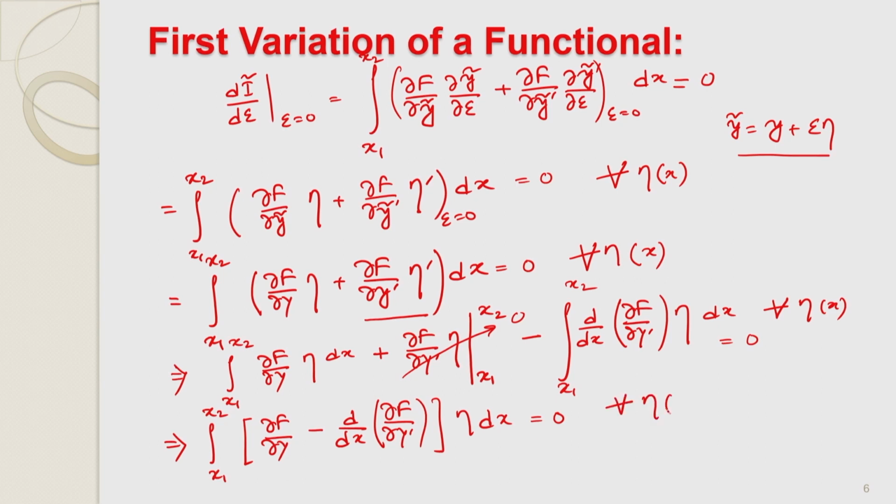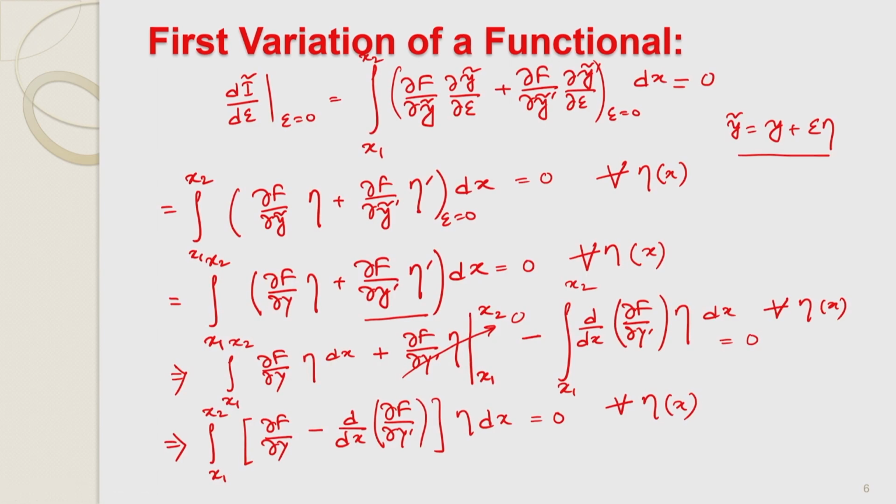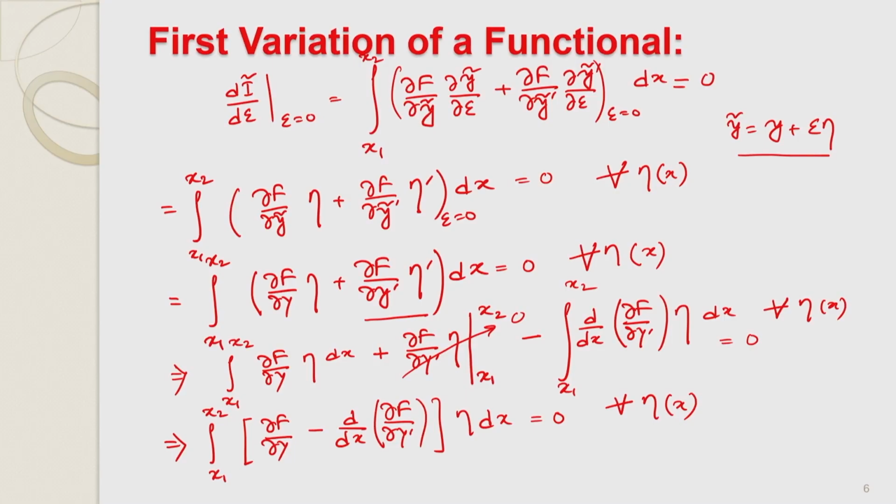This is for any arbitrary eta(x). Now, using this arbitrariness, because it is true for any eta(x), we can write this equation, which is called the Euler-Lagrange equation.